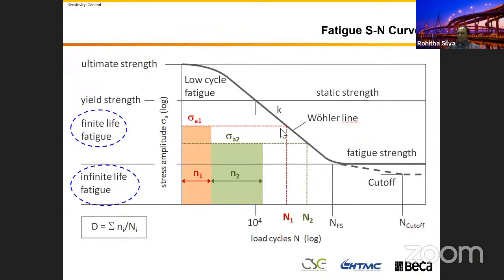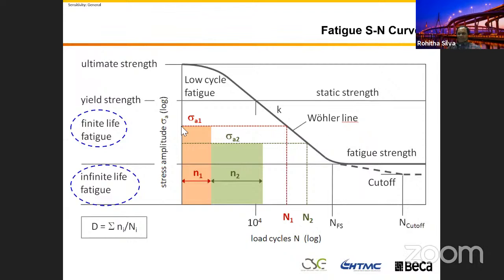So then in this area, that means the stress on your structure and the number of cycles is a finite fatigue life, because if you exceed the number of cycles in your structure to more than 2 million, for example, your structure will exceed the fatigue strength.